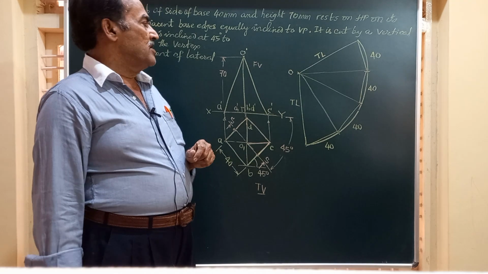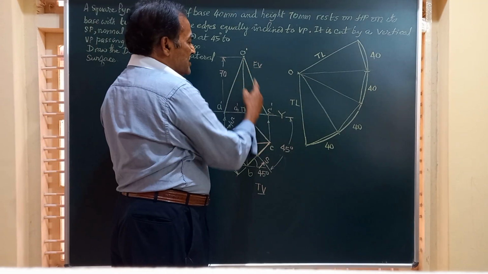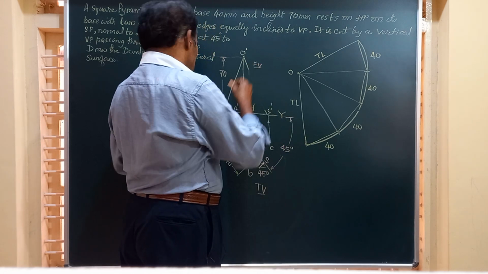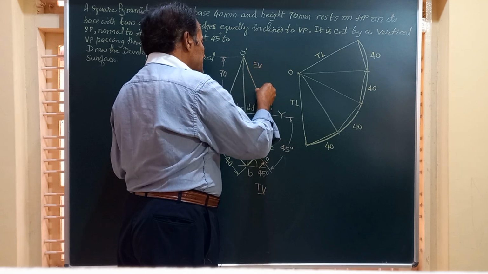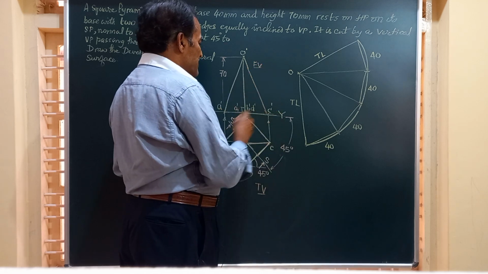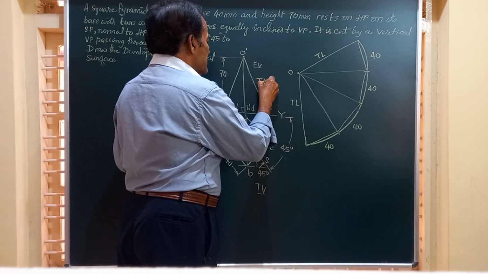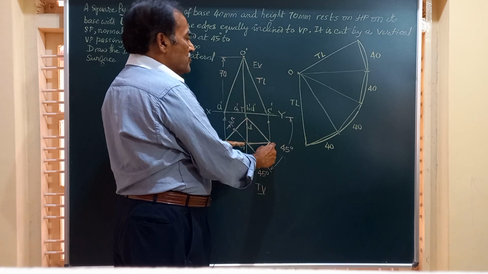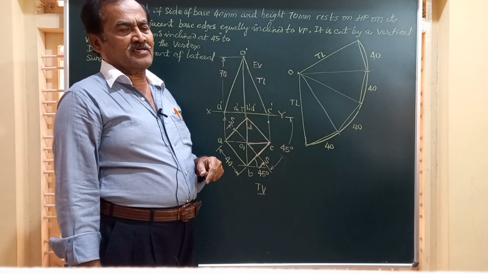Friends, now if you see the front view of the solid, the last line O dash C dash represents the true length of the slant edge. You can ask me how. You can see here friends, the top view of this line is parallel to VP and hence this gives you the true length.